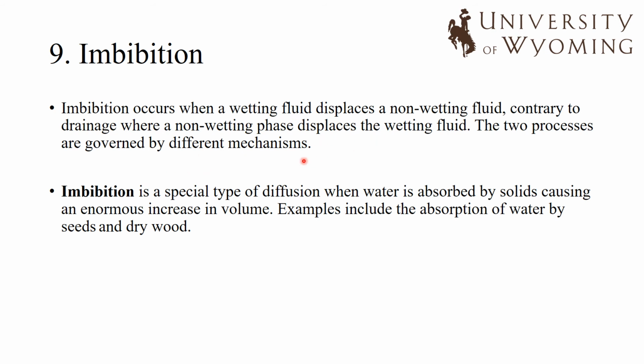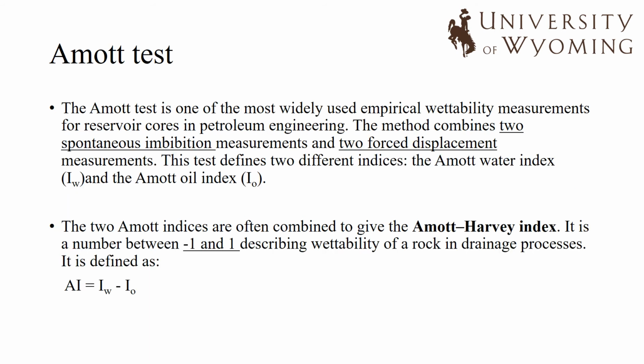And generally in this process, we can have two or four displacement processes that we're going to talk about in the next slide. So the Amott test is a test that quantifies the wettability; it's another measure of wettability other than the contact angle.